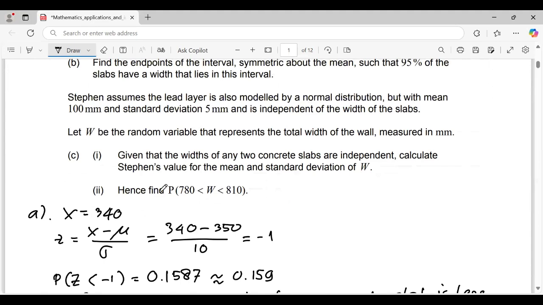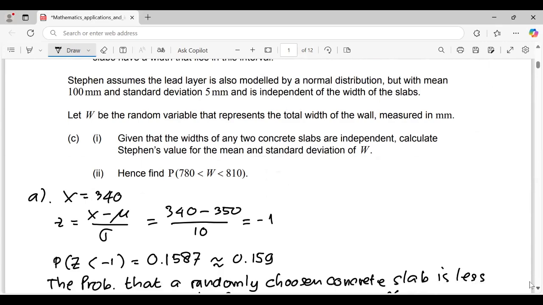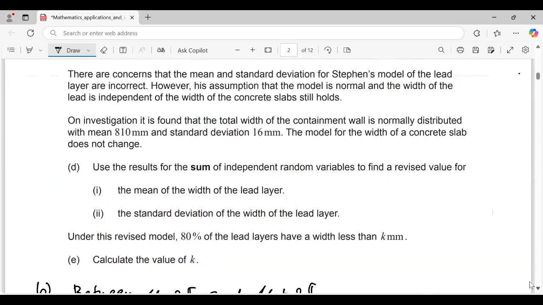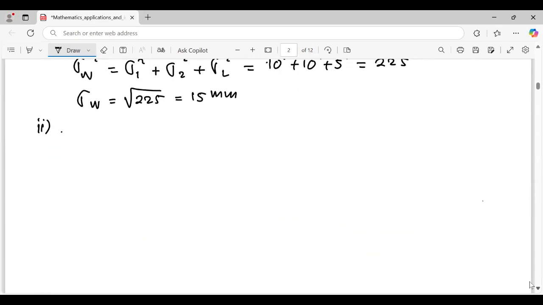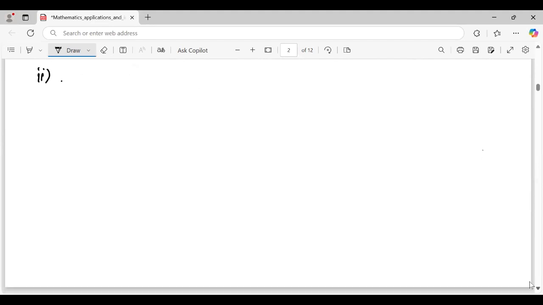Sorry, I mean this one. Find this probability: probability W between 780 and 810. D not yet. Still C. Right. So we're going to find the z-score of 780 and 810.